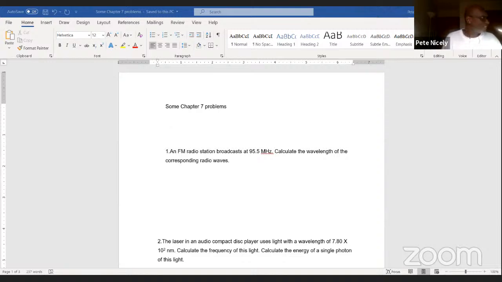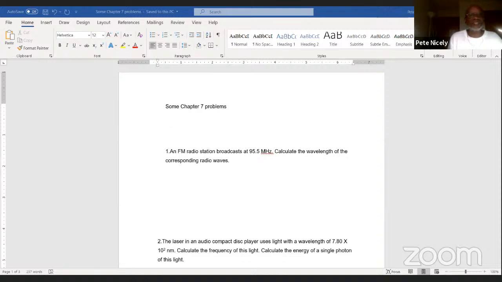So the first question, I'm going to bring up here on my other laptop. The first question says an FM radio station broadcasts at 95.5 megahertz. Calculate the wavelength of the corresponding radio waves. So the equation that you'll be using is the first one that I mentioned, but the question is asking for the wavelength.